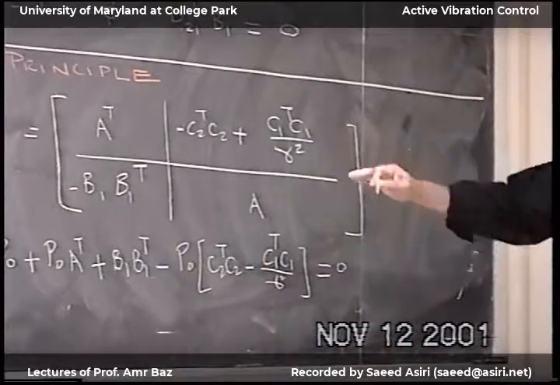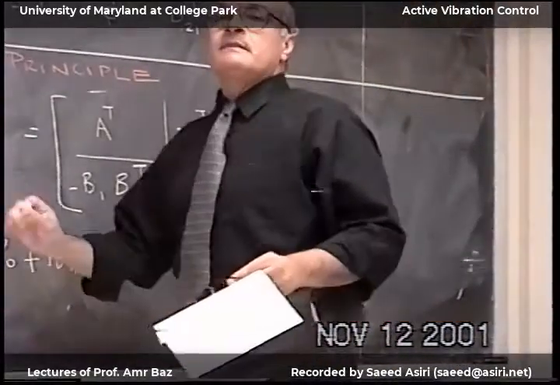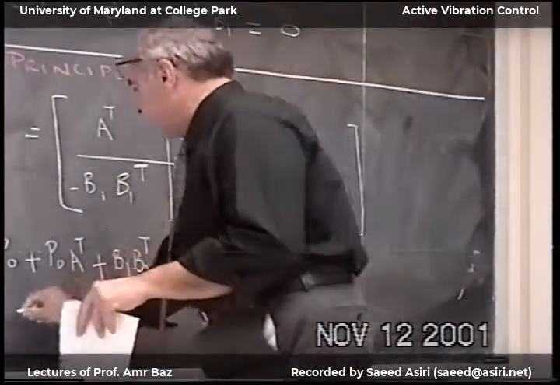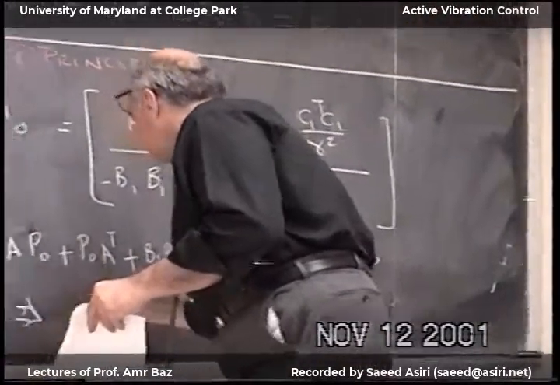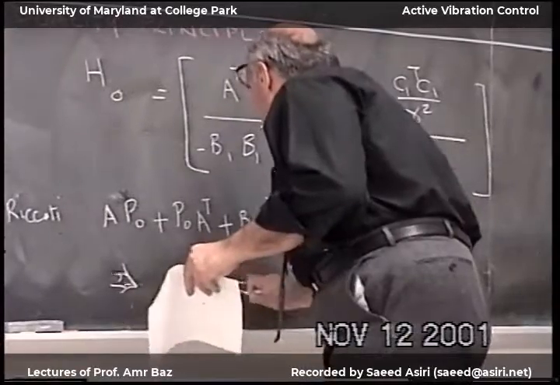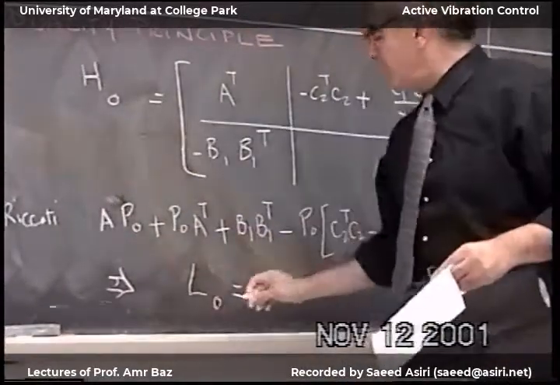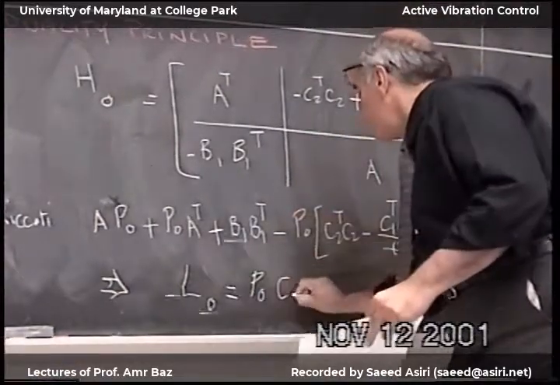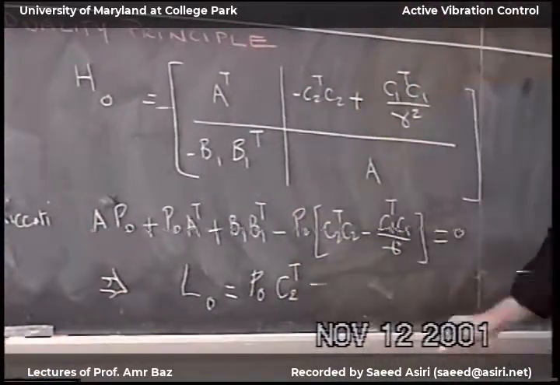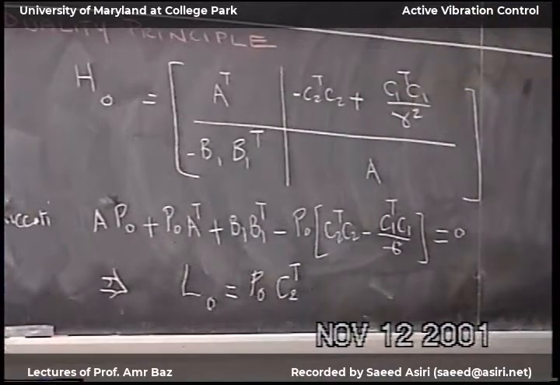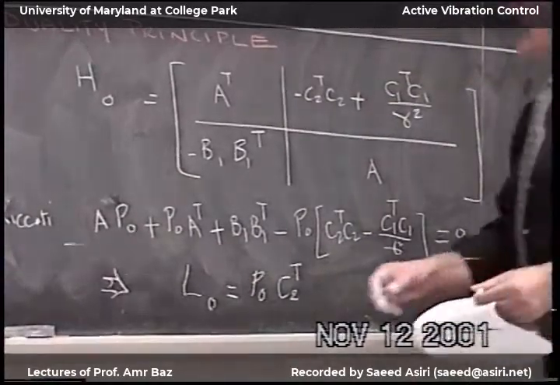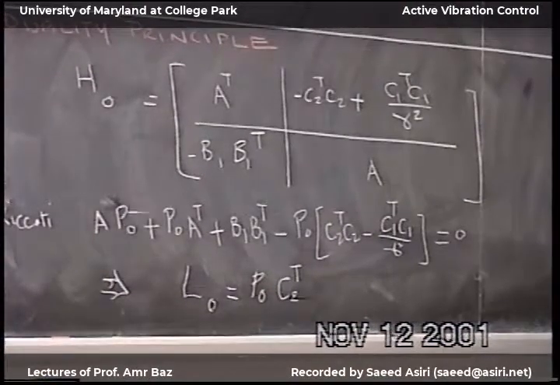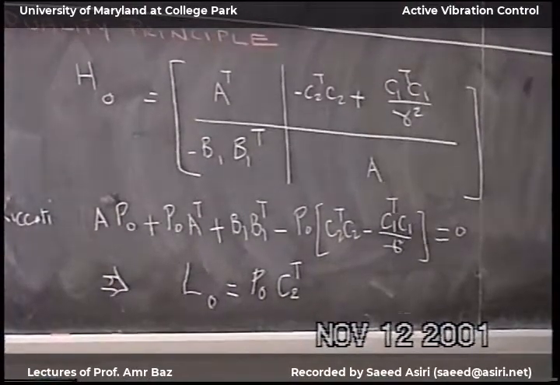Exactly the same, we can come up with the controller or the observer gain, and the observer gain L observer will be very similar to what we have here, but it will be P0, and then instead of the B it will be C transpose. So to make these look the same, I'll just here say K control.